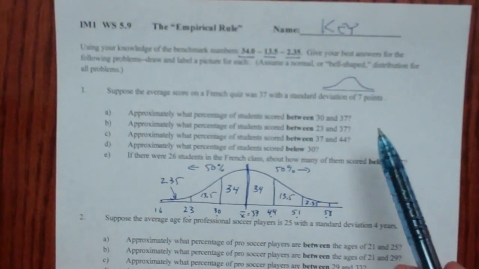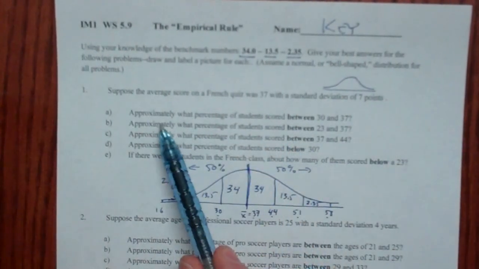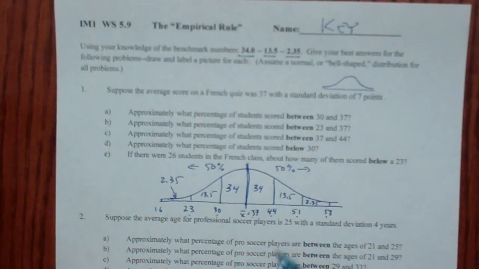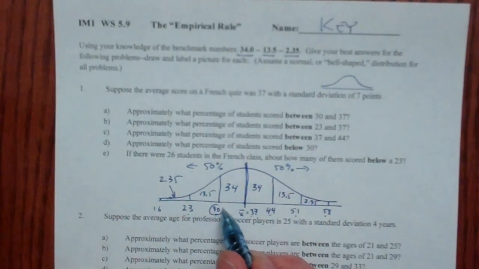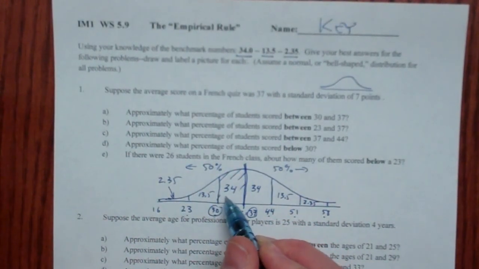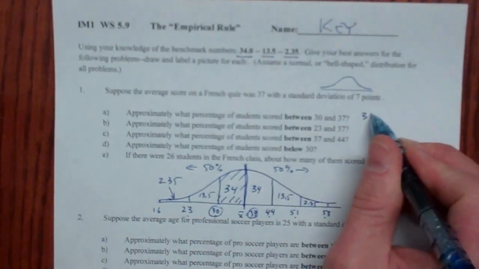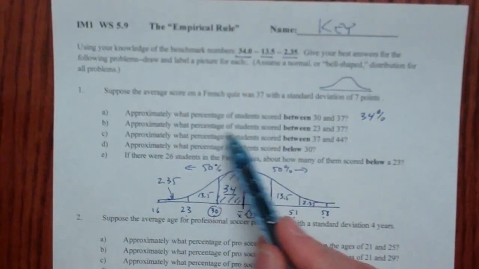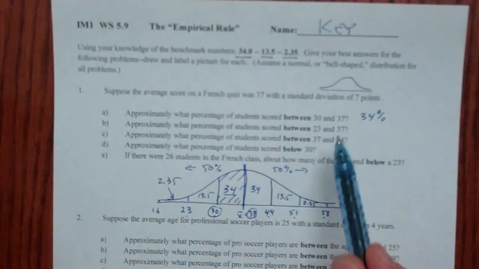Okay? So now to answer these questions, it's really simple. What percentage, approximately, is between 30 and 37? Well, between 30 right here and 37 right there, that's this percentage. Well, that's very simply 34%. Okay, that's what that means. So what percentage is between a 23 and a 37?